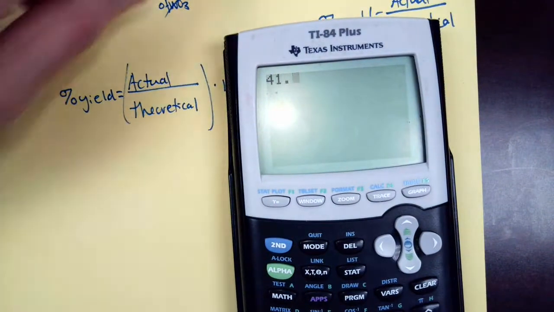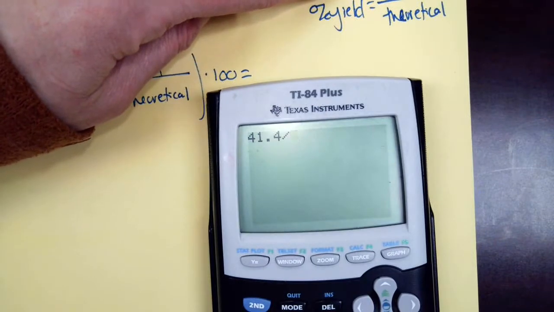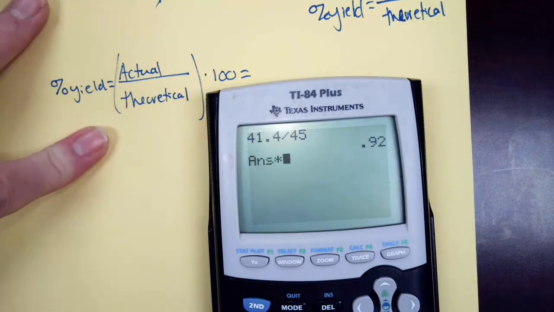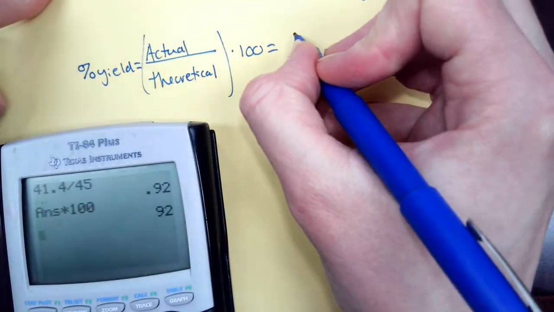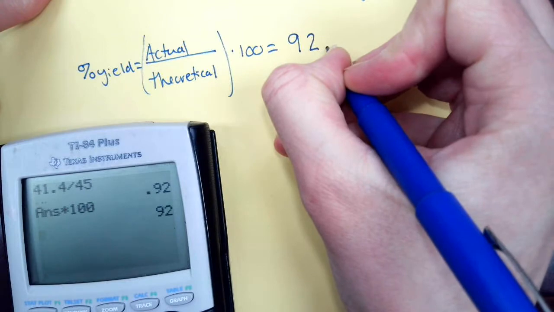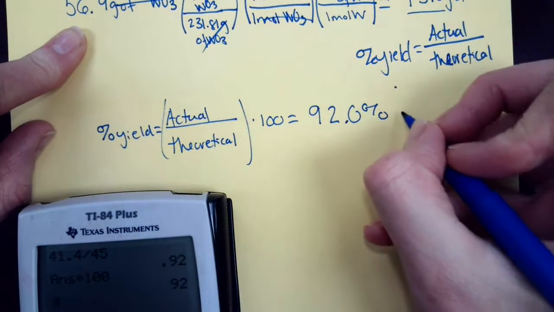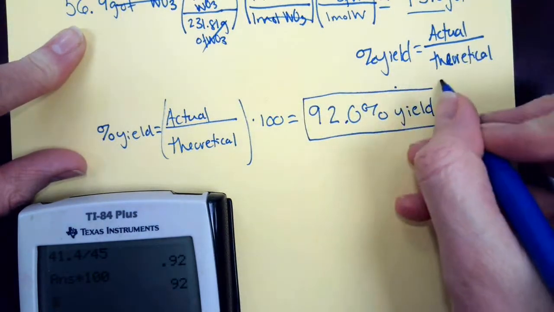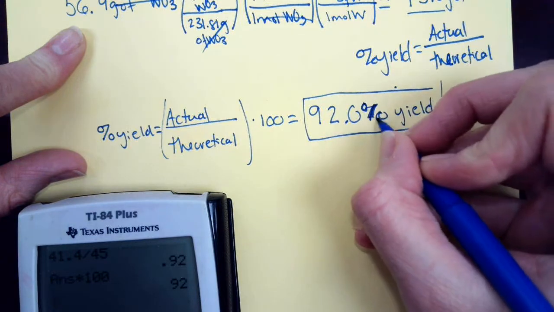So it's 41.4 grams divided by the theoretical is what we found, 45.0 times 100. And you get 92, but we had to use 3 sig figs. So 92.0% yield. Percent yield is your unit for this. You need to include that in your answer. A number by itself doesn't mean anything.